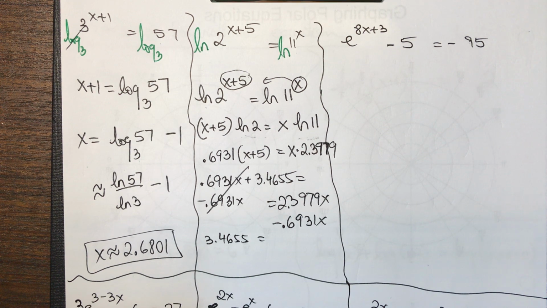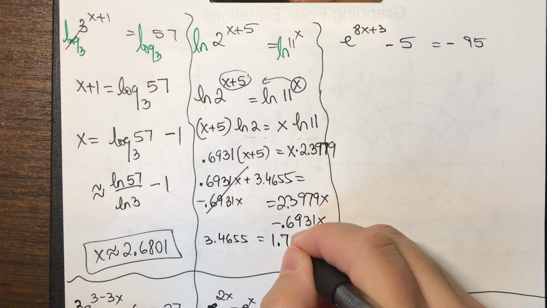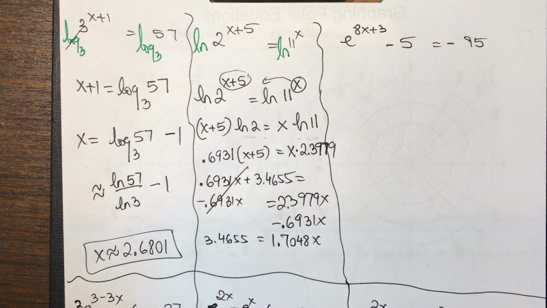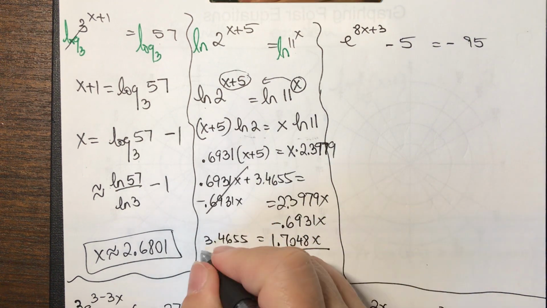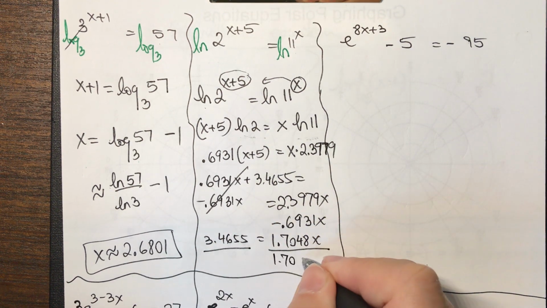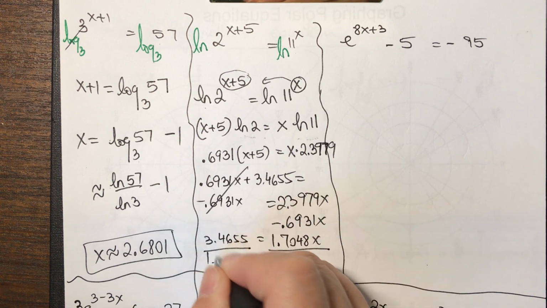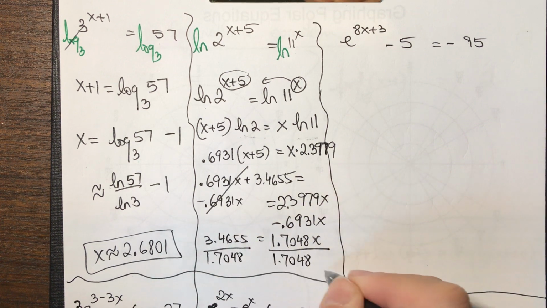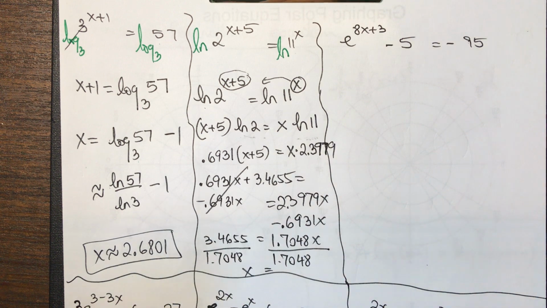.3979 minus 0.6931, that's 1.7048x, and of course, what's the last step? Divide by this 1.7048. And then x will easily, not so much room, but there you go.